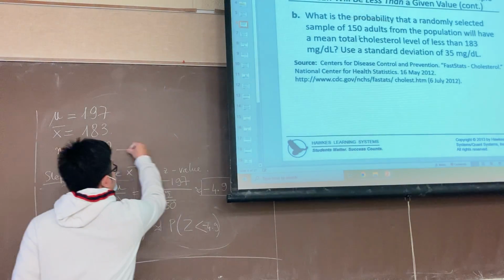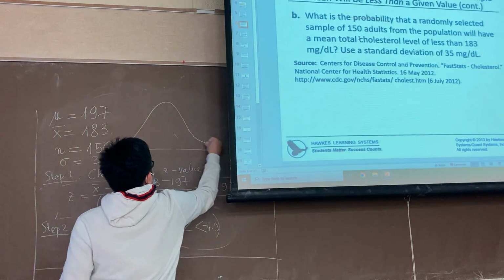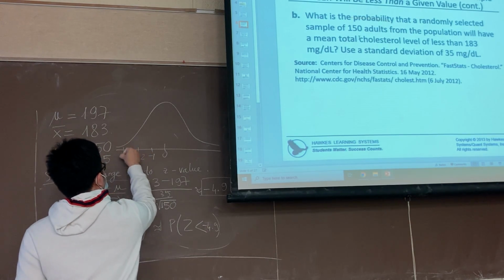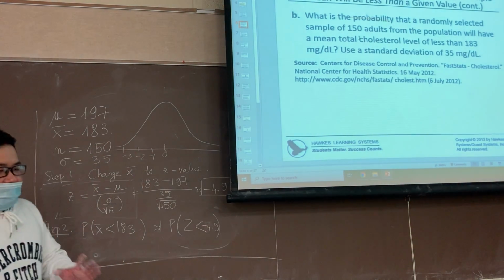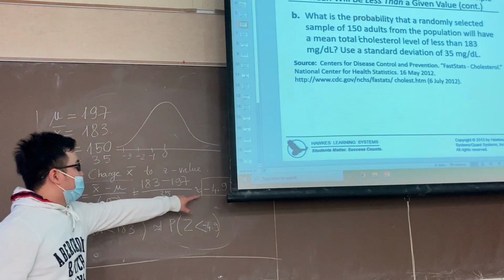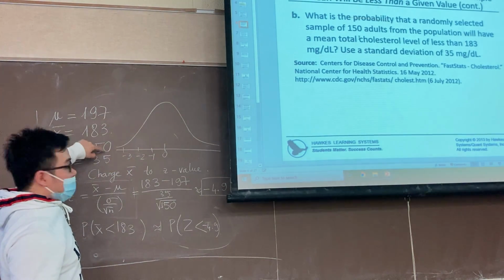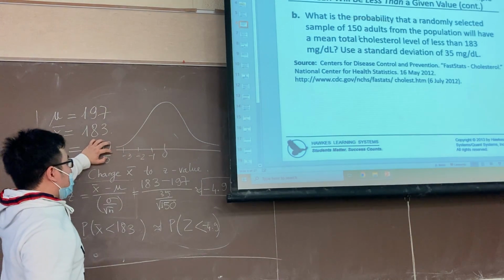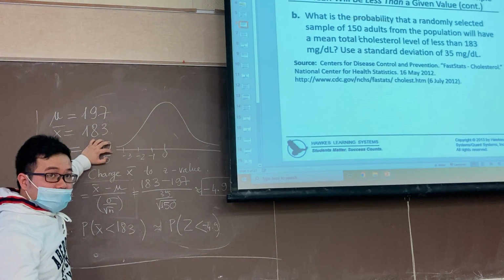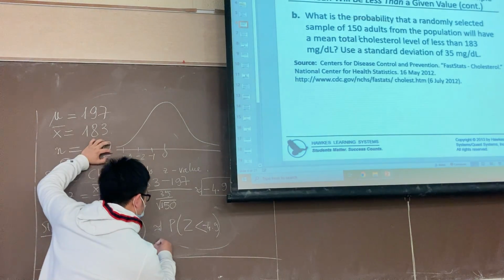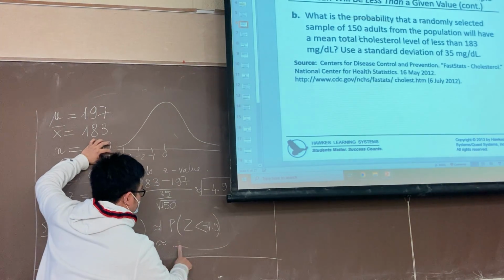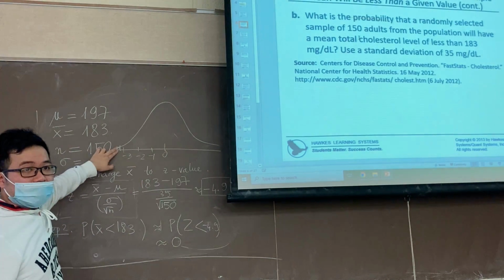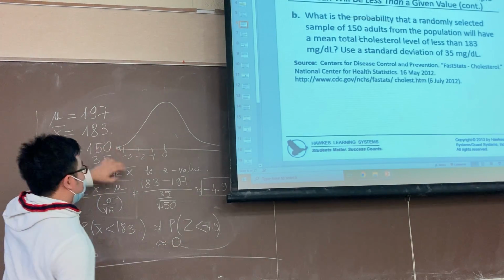This is 0, this is -1, -2, -3. If you cannot find this because it is a very small number, it will be on this side. So the probability will be approximately 0, because the area of this one is very small, so it's 0.